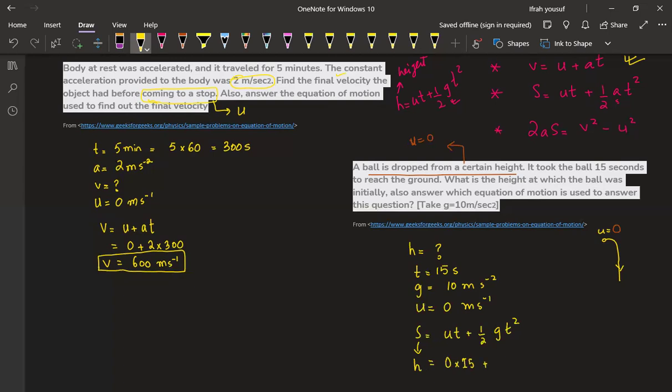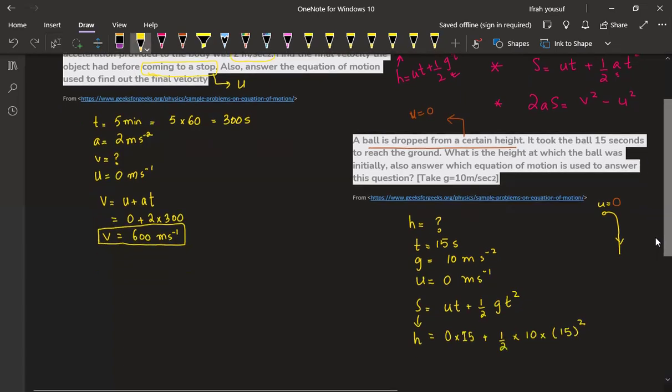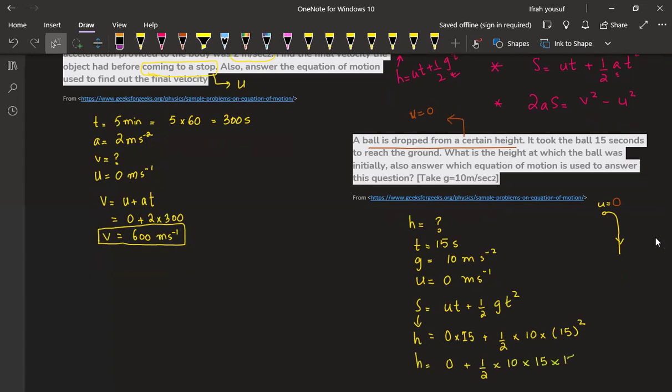And then half times g, which is 10, and then the time is 15 squared. So your answer would be h is equal to 0 plus half times 10 times 15 times 15.